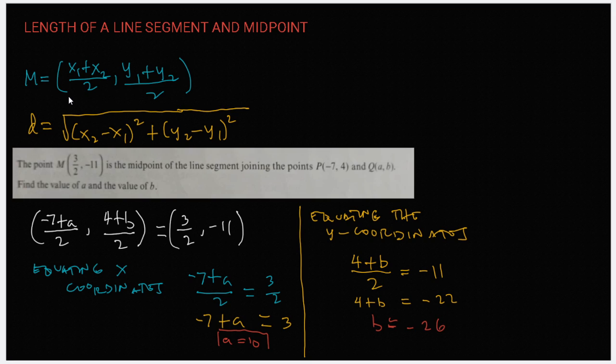This is the value of b. Therefore, we can say that a is equal to 10 and b is equal to -26. So this is the first problem for the midpoint.